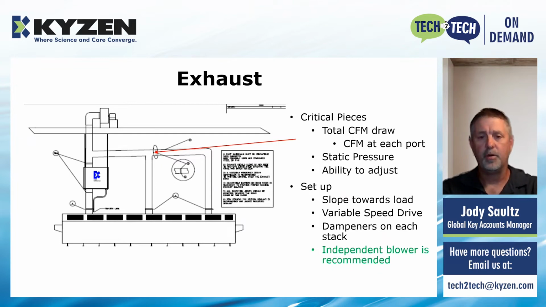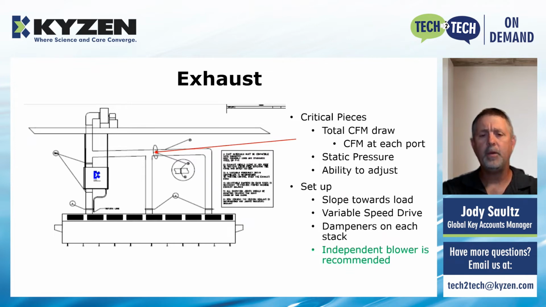Some of the batch machines don't always require exhaust, but definitely inlines do. And then setup: it's always important to slope those exhaust systems toward the load end so you don't get any backflow of fluid that's going to maybe drip into your rinse section or your dryer section and give you some cross contamination. That'll do nothing but cause headaches later.